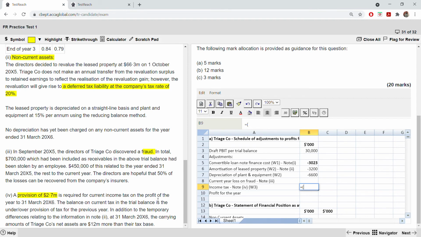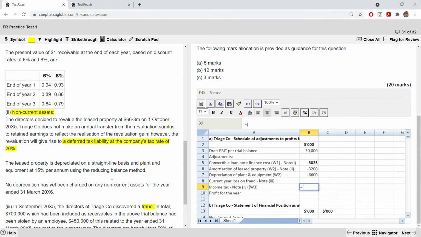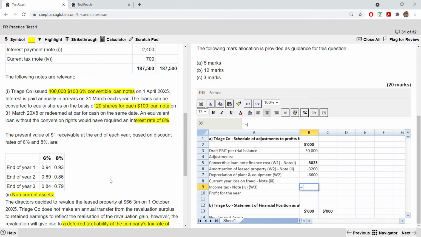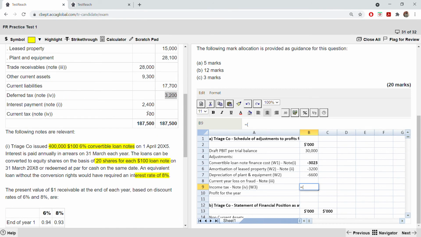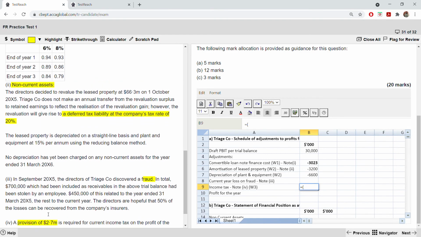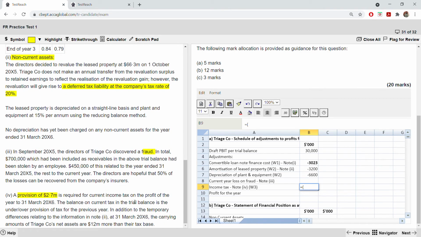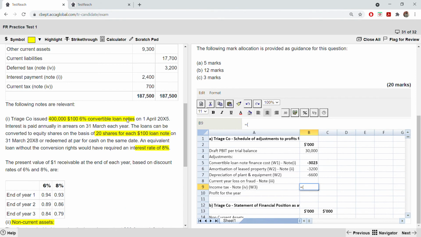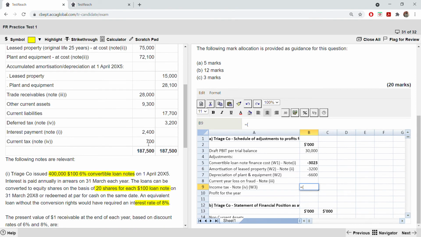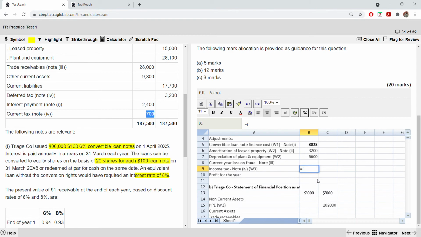Why are you adding 700? Because it's here, current tax. With this provision of 2.7 which is required for the current income tax, you are adding this 700, and then you are deducting the deferred tax asset 800 because it's credited, and for income tax you are only taking the debit side, so that's why the credit side you have to minus.